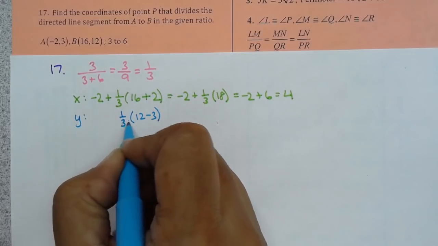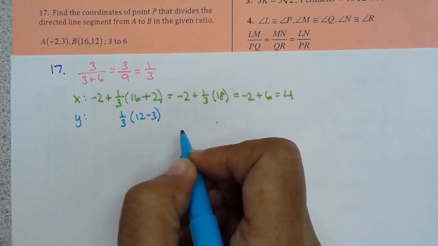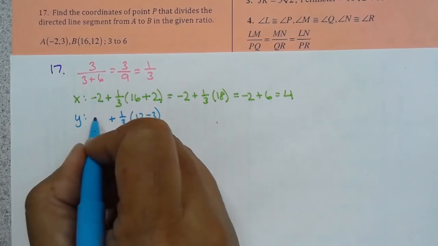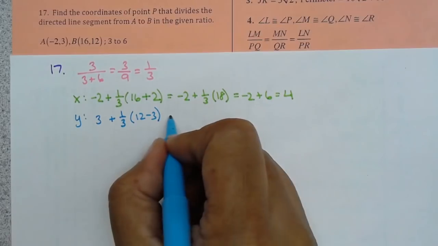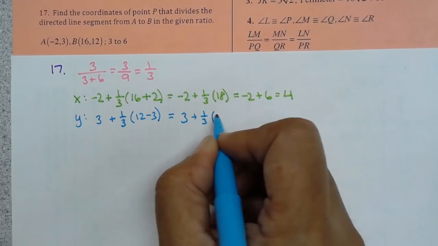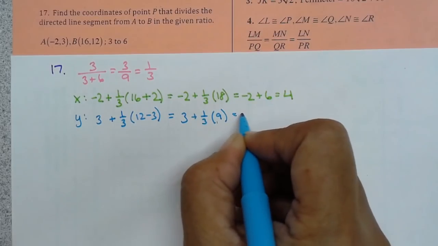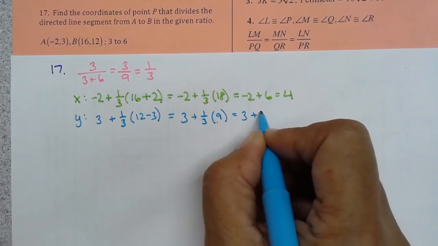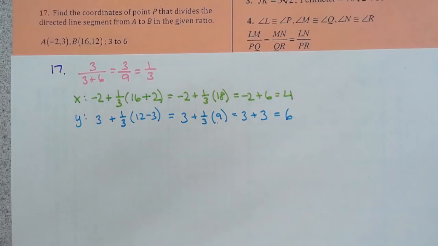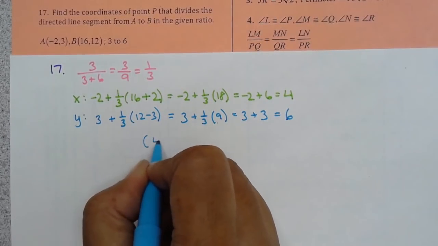That'll give me the actual length, how far it is from the y. So I'm going to have to add on the original y to see where it moves to. So 3 plus 1/3 of 9. And 1/3 of 9 is 3. 3 plus 3 is 6. So the coordinate is 4, 6.